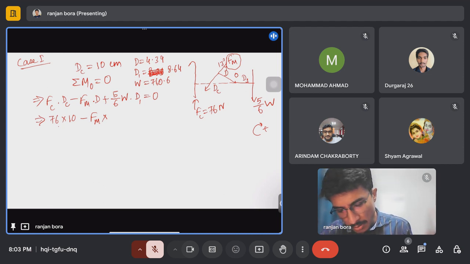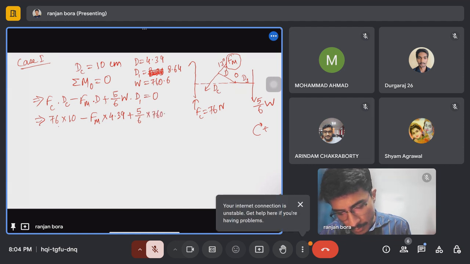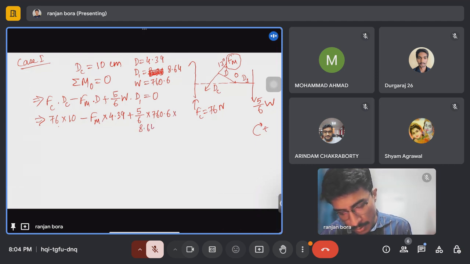Now we will substitute: d is 4.39 plus 5 by 6, 760.6, d1 is 8.64, equal to 0. From here we will get Fm.